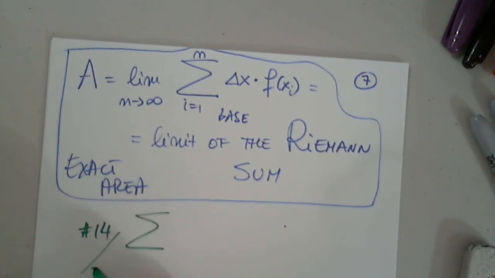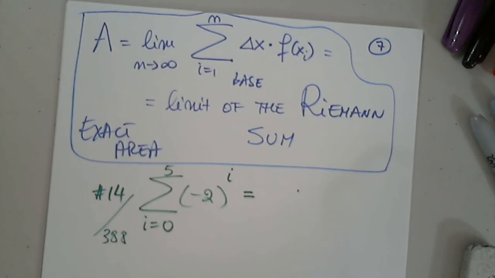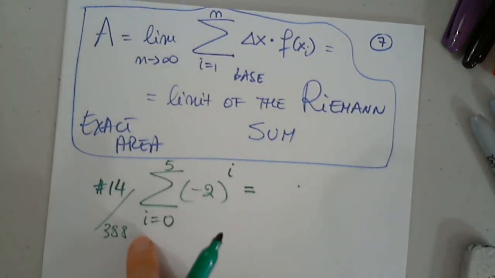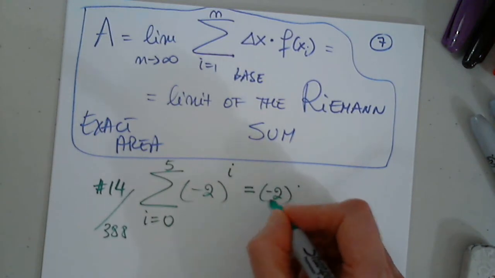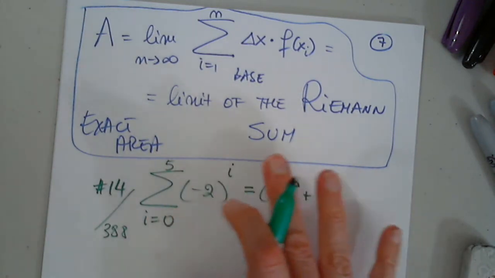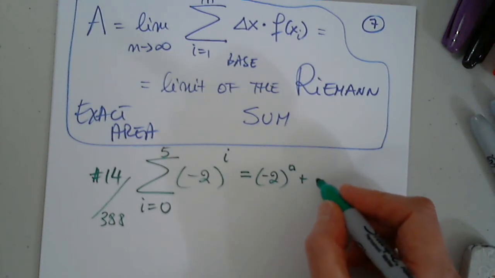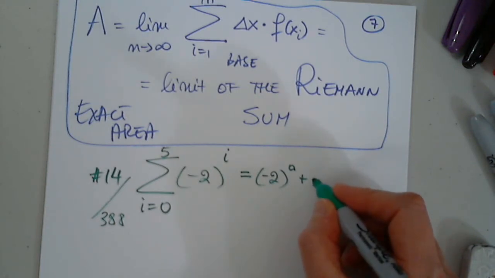So we have the sum from I equals 0 to 5 of -2 to the I power. They're asking us to express it without summation notation. Fine. When I equals 0, -2 raised to 0, plus. When I is 1, can anyone give us the next term? Don't calculate anything, we just want to see them first. The next term.